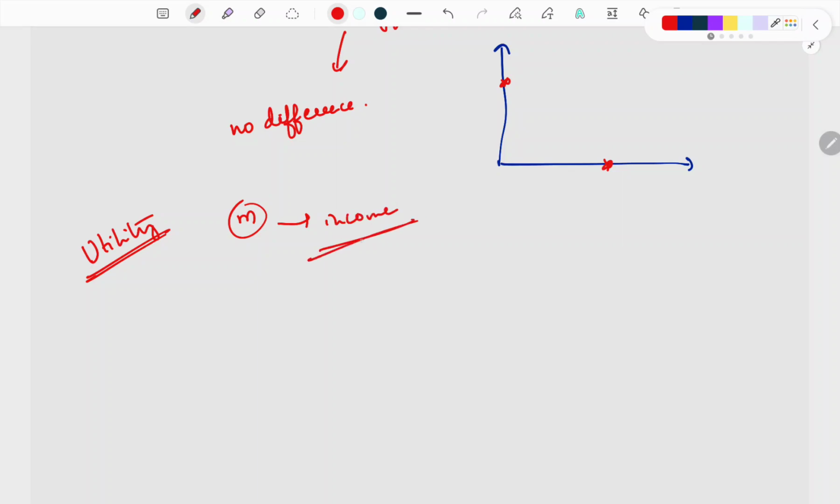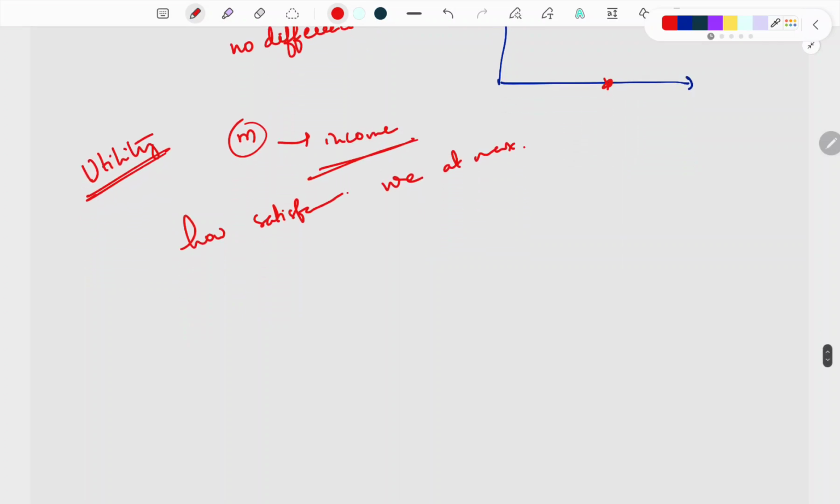We should be able to find out how much satisfaction we can get at max. Here we are fixing the income and getting maximum utility.